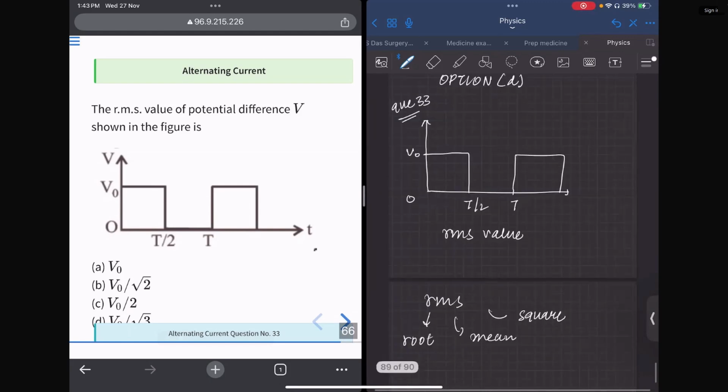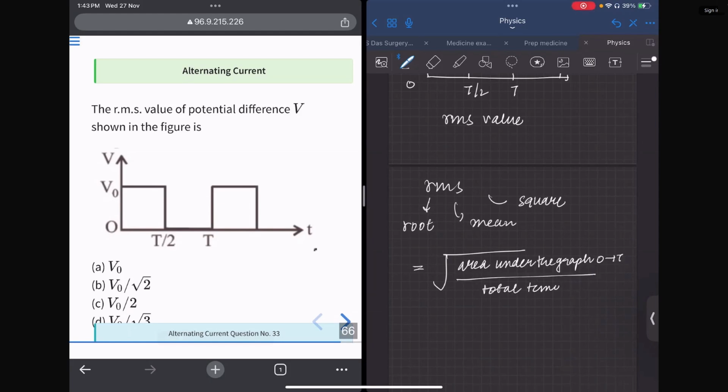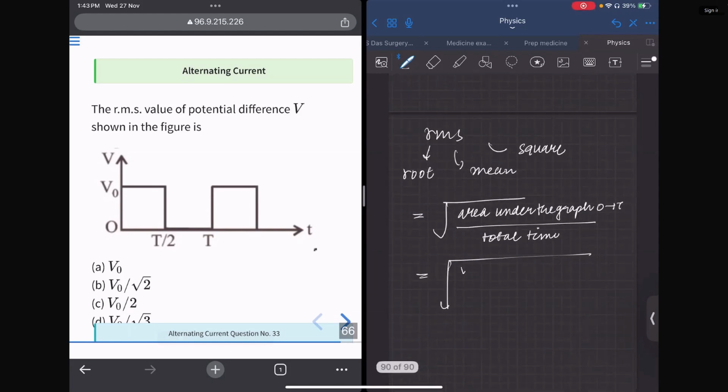So V RMS is actually under root, area under the graph from 0 to t divided by total time. Area under the graph is V naught into t by 2.